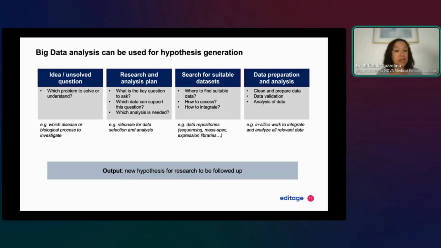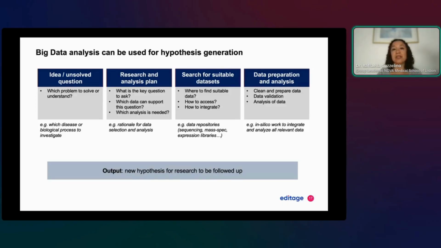So for example, what is the rationale for the data selection and analysis that I'm inserting into this software. But also they are used to search for suitable data sets.